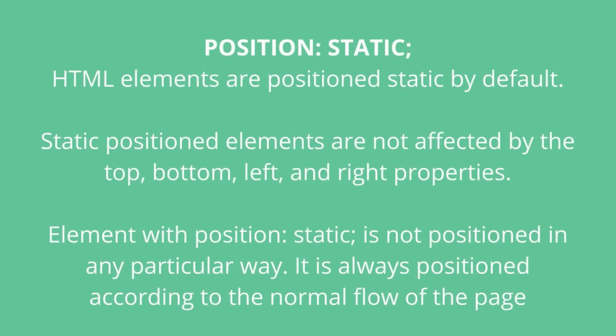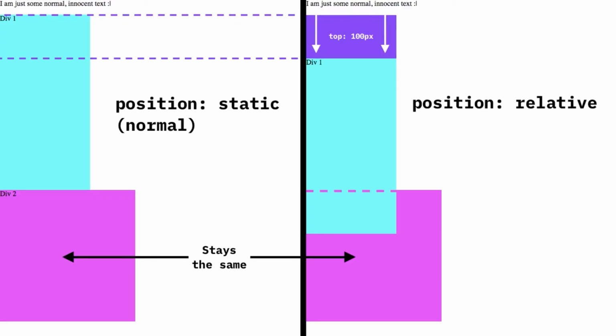The first one is static position, which we already talked about. All HTML elements are static in their default position. And static just means following the HTML rules and keeping the HTML flow by default.